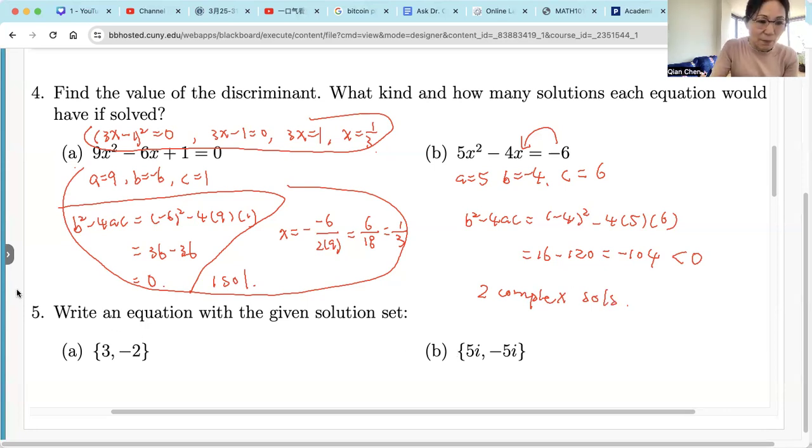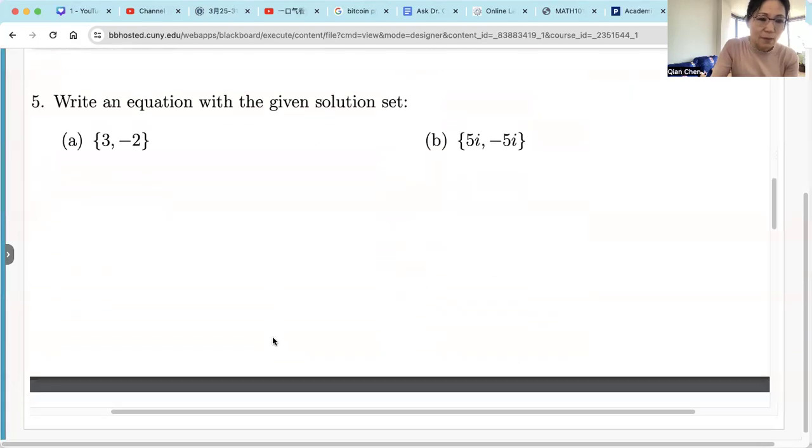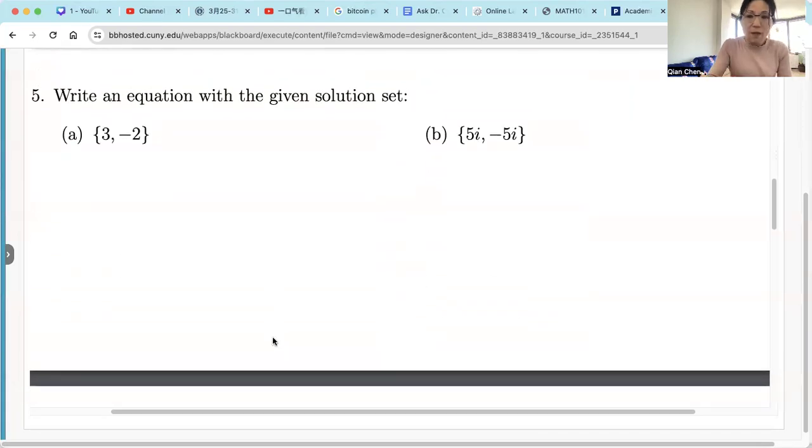Now let's see 5. We're given the solutions for the quadratic equation, and we want to go back and write down the equation. So the solutions mean x equals 3 and x equals -2.